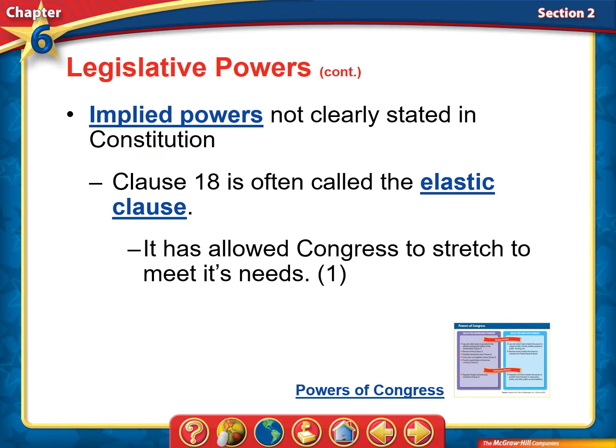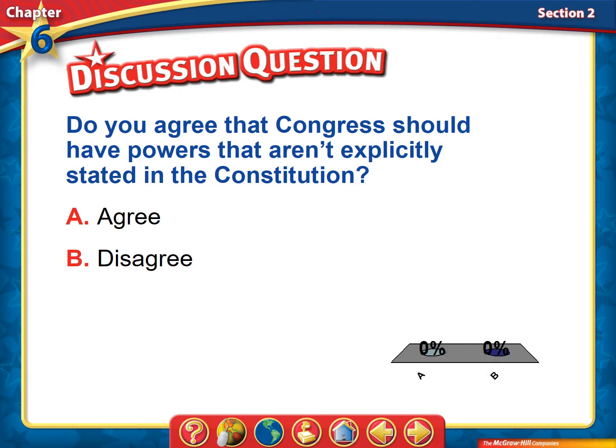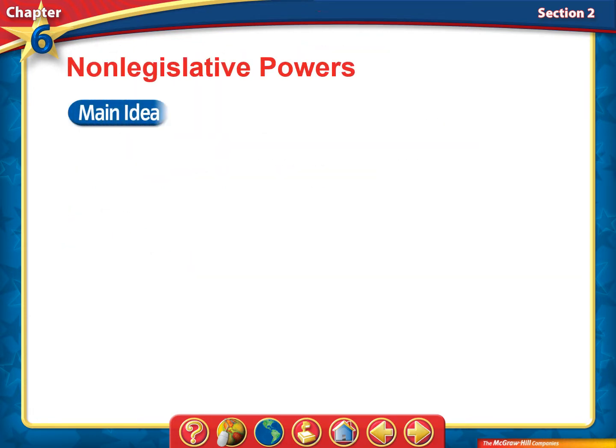And they do have the power to make any law, again, as long as it doesn't contradict the Constitution, that meets its needs in carrying out its powers. And so when you think about it, that necessary and proper clause and that elastic clause allow Congress to do an awful lot of things and have allowed them to evolve over the years.